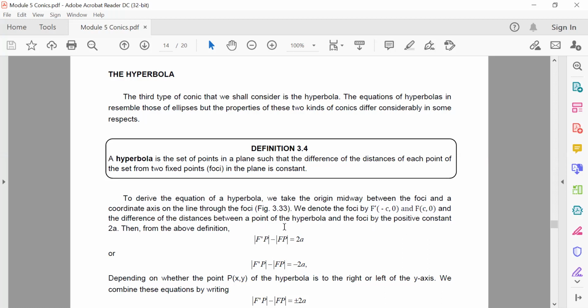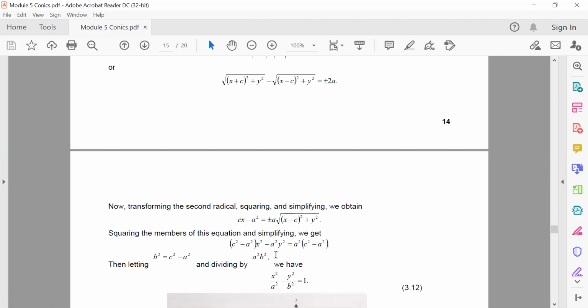And the difference of the distances between a point of the hyperbola and the foci is the positive constant 2a. Okay? Then from the above definition, when we apply this, we will come up with this standard form.